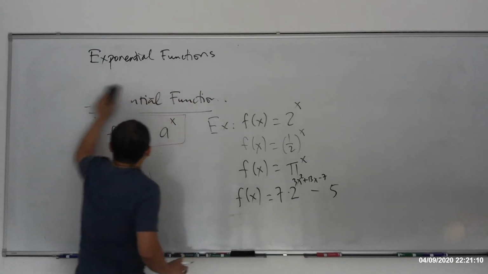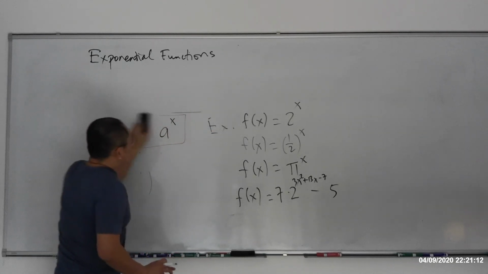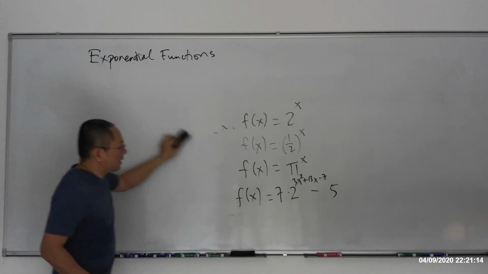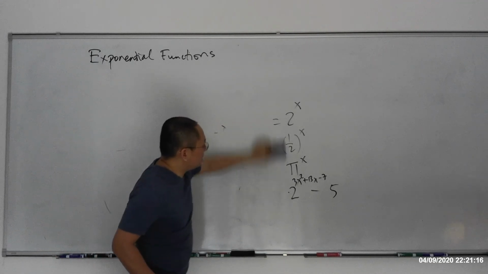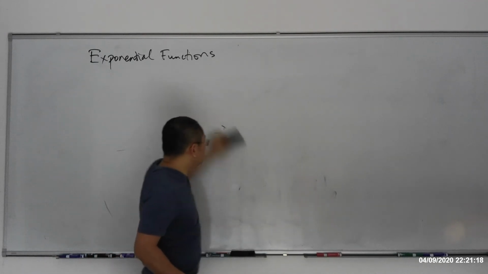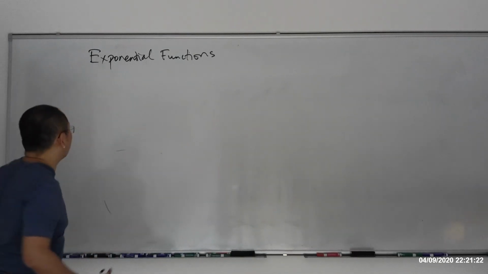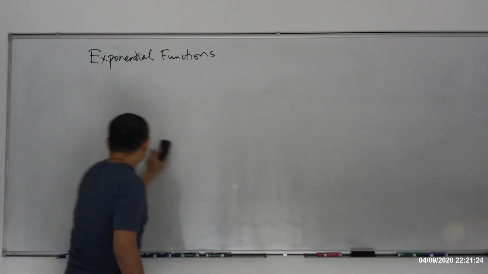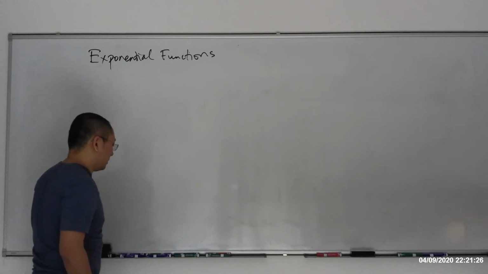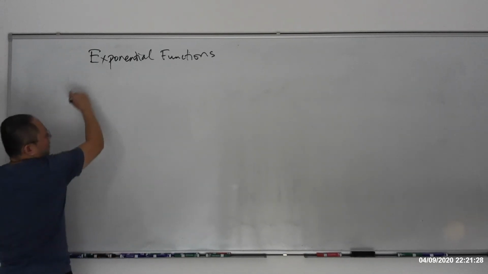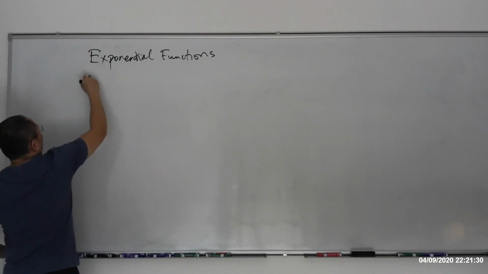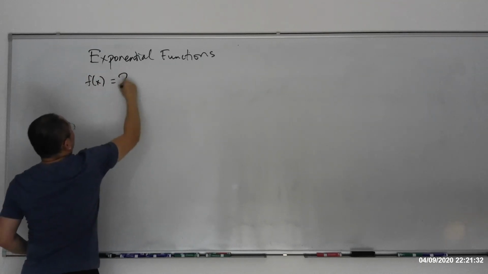Now, let me go over some basic properties of the exponential function. Let me bring the properties to you via graph. By looking at the graph, we're going to observe some properties of the exponential function. So the first example, how about the one that we just read? f of x equals 2 to the x.